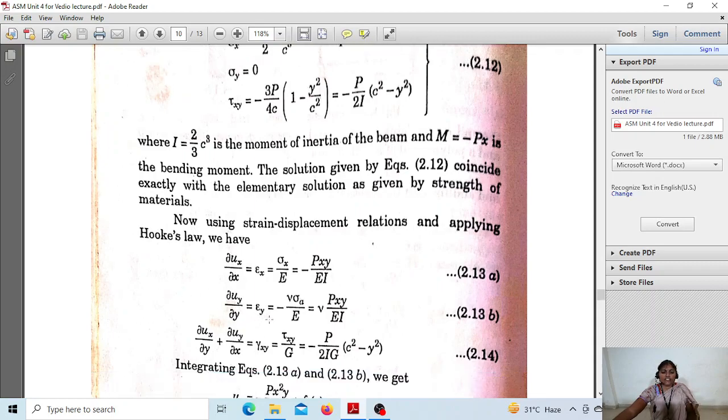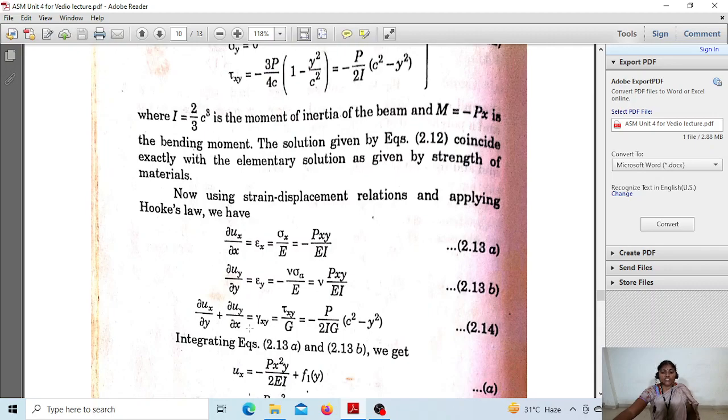Similarly, let us see epsilon y. Epsilon y is equal to dou uy by dou y. In our previous classes you have learnt u, v, w. Here instead of u it is ux, instead of v it is uy, instead of w it will be uz. We are not minding uz now. Now dou uy by dou y is equal to epsilon y, which is again equal to minus nu sigma x by E, that is equal to nu into pxy by EI.